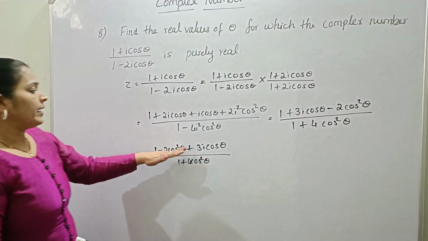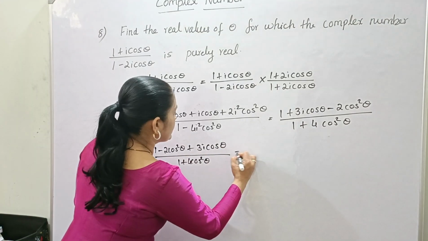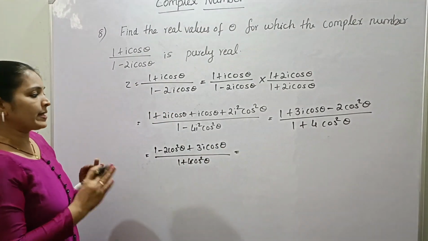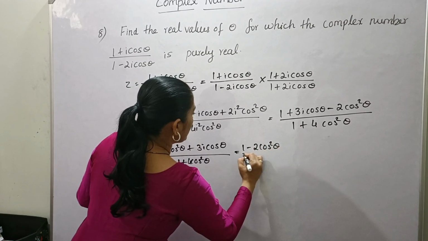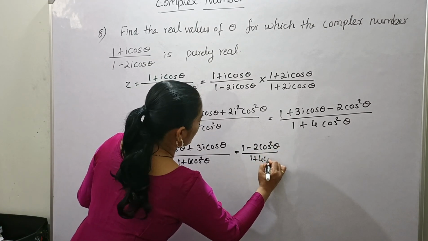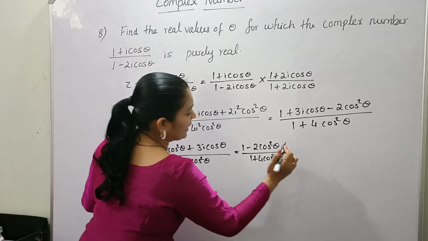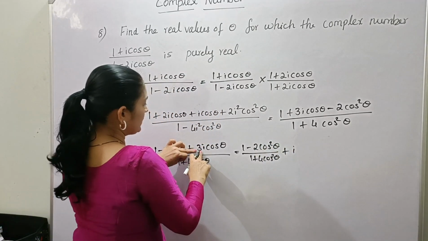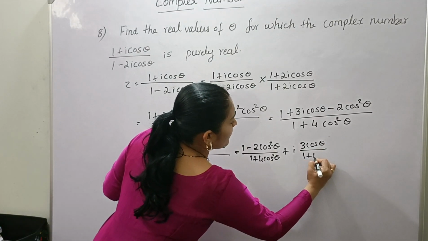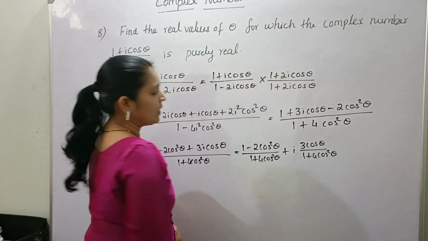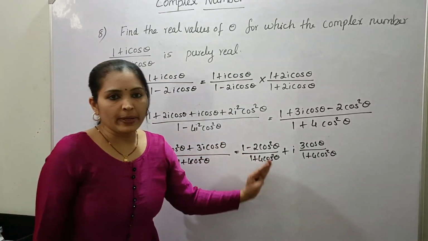Split it in the form a plus ib. So (1 minus 2 cos square theta) divided by (1 plus 4 cos square theta) is the real part, plus i into 3 cos theta divided by (1 plus 4 cos square theta). Okay, now it is in the form of a plus ib.